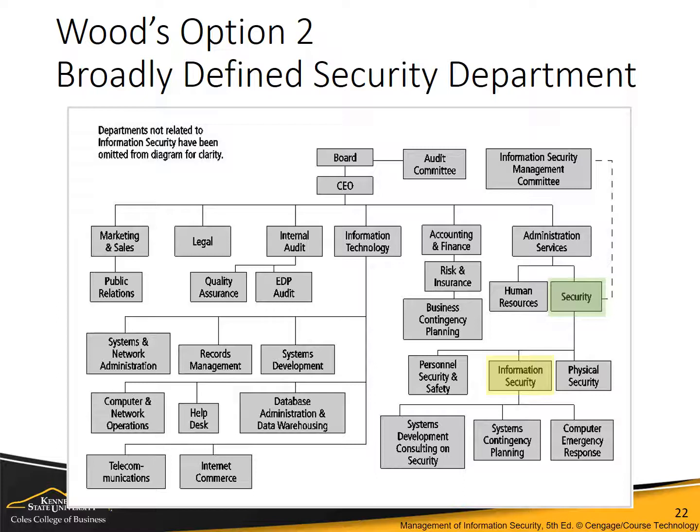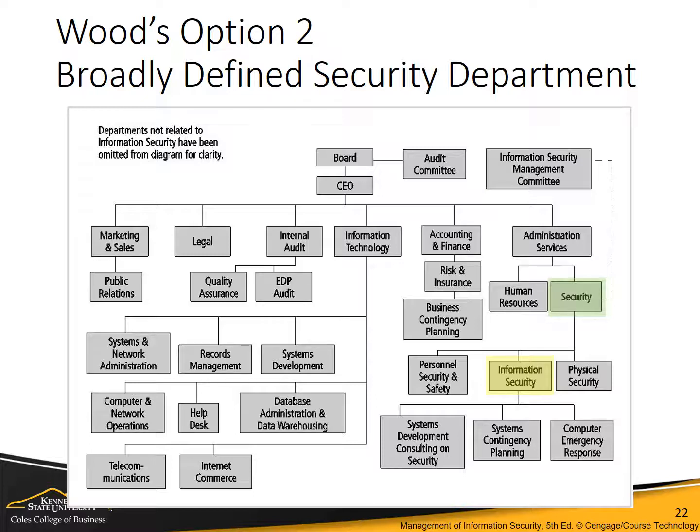Option 2 is a broadly defined security department, reporting through a more general administrative services department. Security and HR both report to admin services, and security is further subdivided into personnel security and safety, InfoSec, and physical security. This option allows specialized professionals to handle the InfoSec tasks.